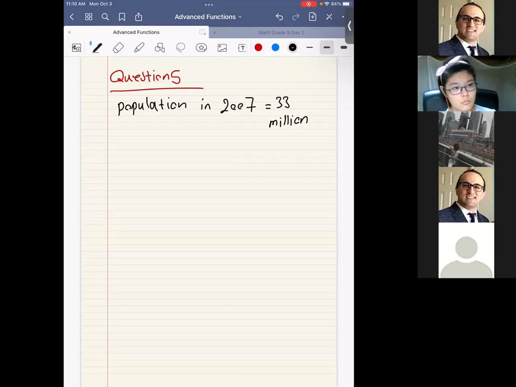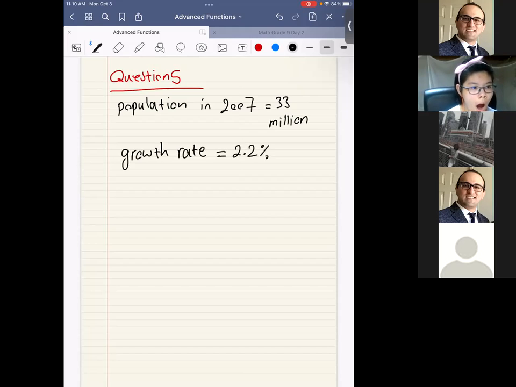Which equation represents the population? Growth rate is equal to 2.2% per year.